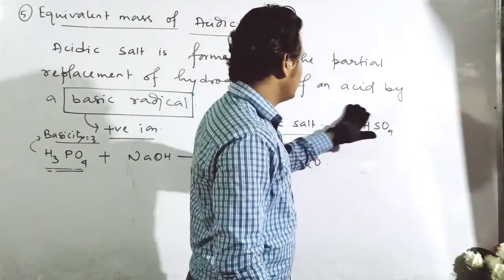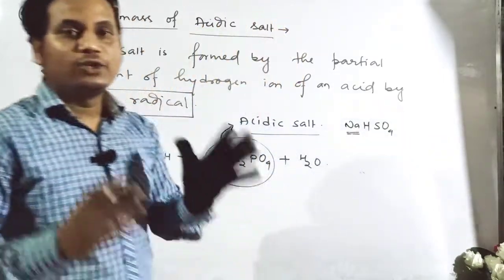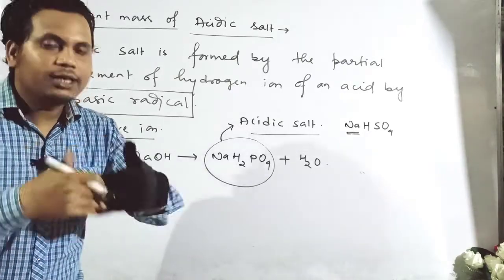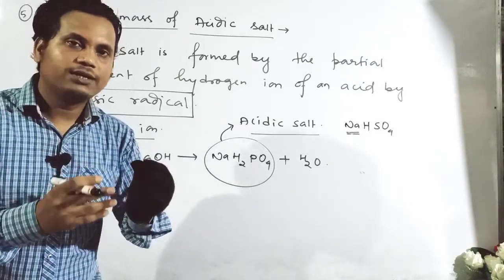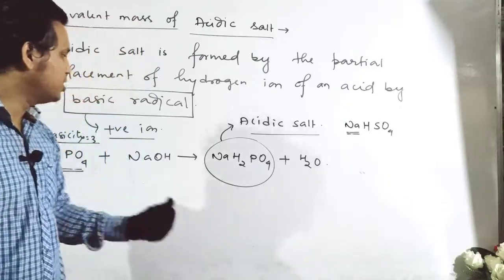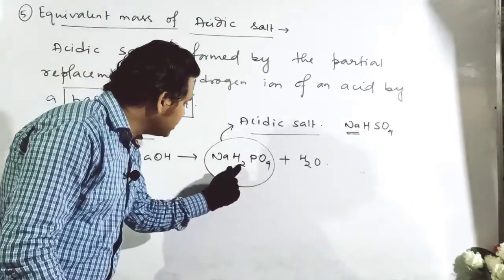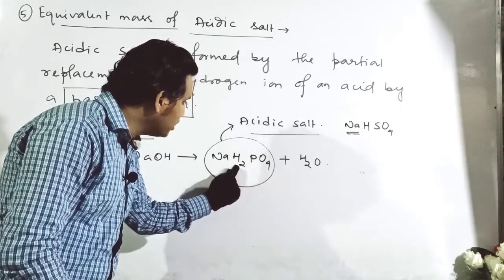So this is also an example of acidic salt. So acidic salt means what? The salt which can give hydrogen, but in the reaction it gives less hydrogen. Means there is a possibility that it can also give more hydrogen.